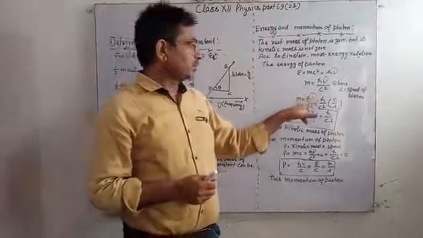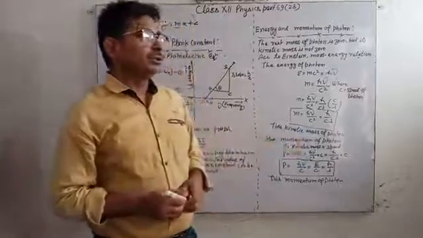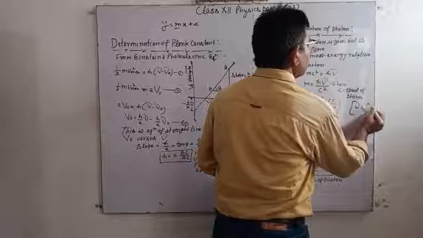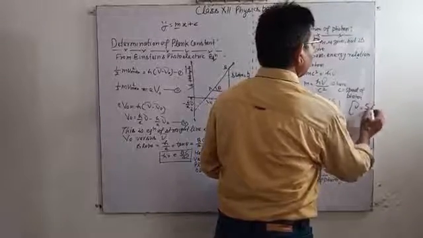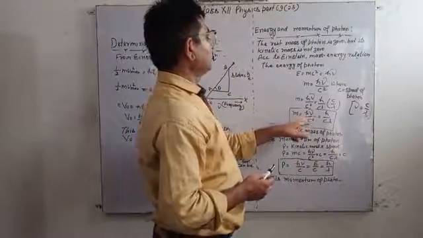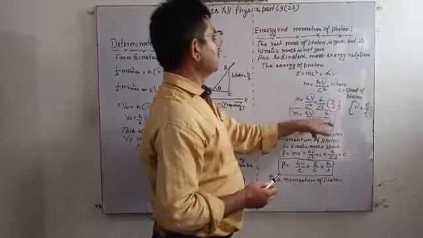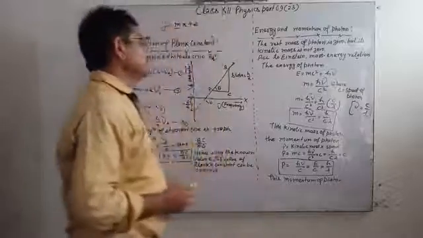In place of nu you can write nu is c by lambda, so that m equals h nu by c square equals h by c lambda, c cancels. This is the kinetic mass of photon.